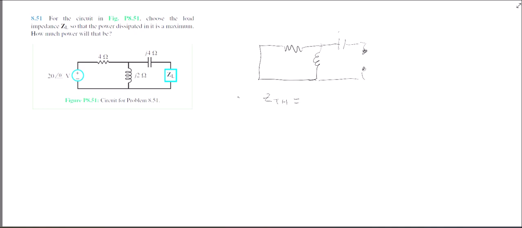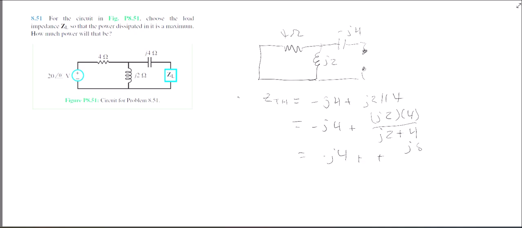will equal minus J4 plus J2 in parallel with 4, or minus J4 plus J2 times 4 over J2 plus 4, which is minus J4 plus J8 over J2 plus 4.